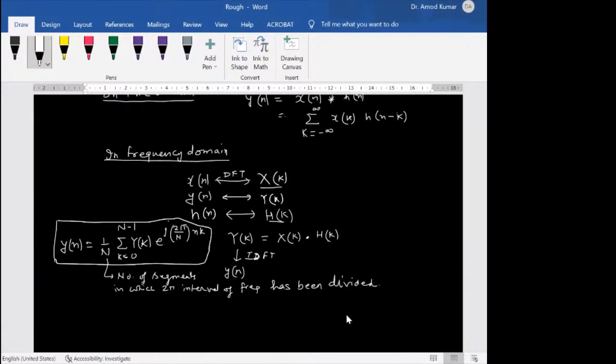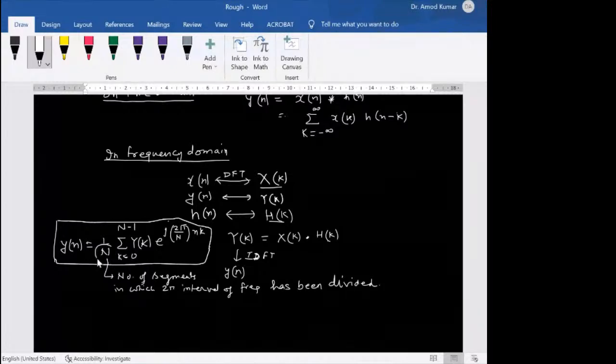So this capital N will be given to you, that you have to take a 3-point IDFT or DFT or 4-point IDFT. So this N is always known to you.